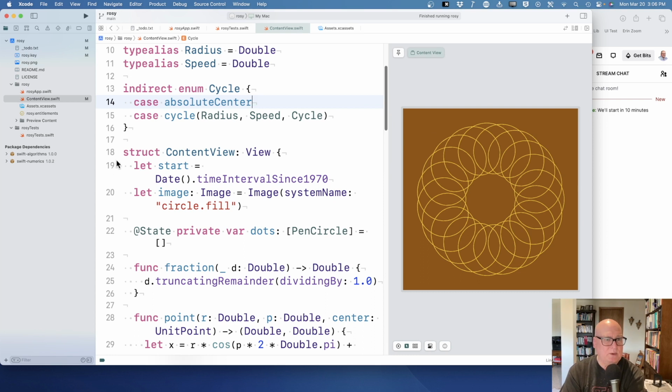You put a circle inside that. You can put a circle inside that. And you give it a speed.